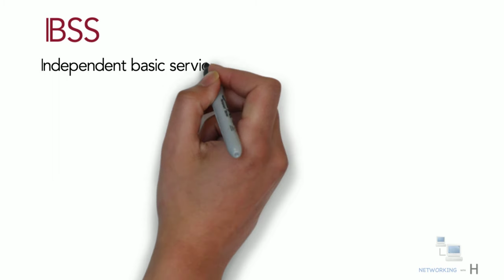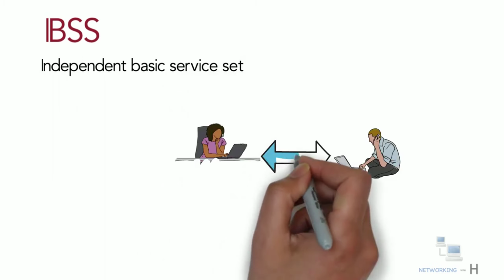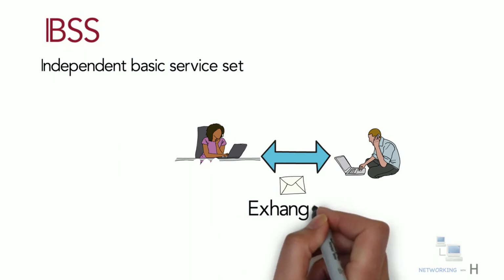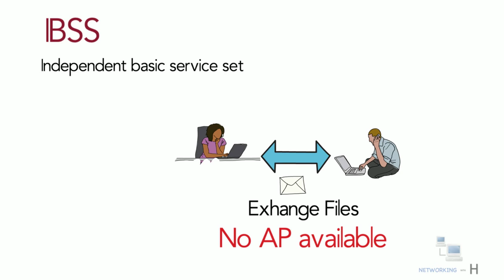Another type of service set we have is IBSS, also known as Independent Basic Service Set. Let's take an example where two employees want to exchange some files and are unable to find any access point nearby. The good news is the 802.11 standard allows two or more wireless clients to communicate directly with each other without the need of a central device like an access point.